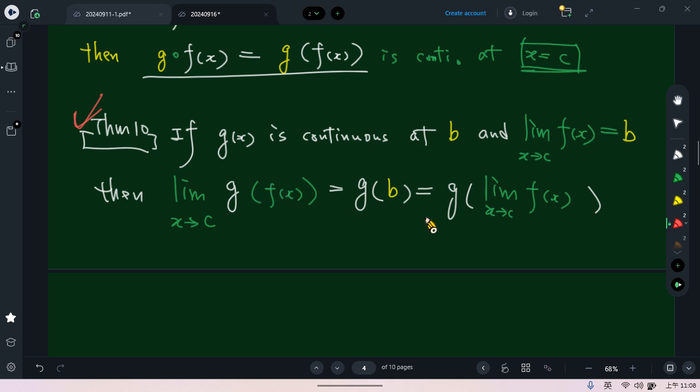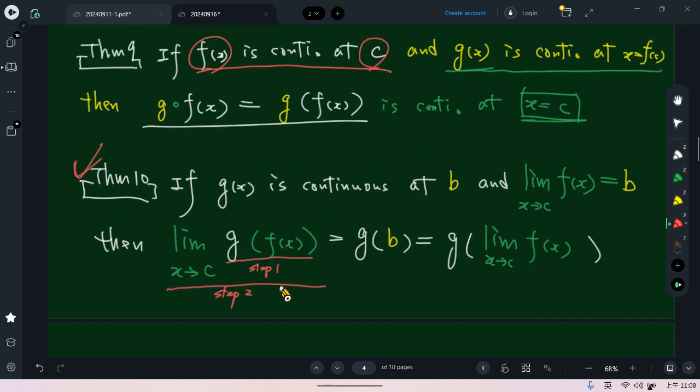That means step one, you need to composite these two functions together. Step two, you try to take its limit value. So step one is to get the composition of g of x and f of x. The second step, then we get its limit value.